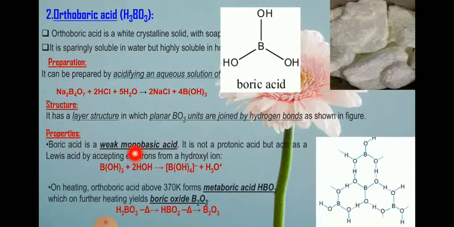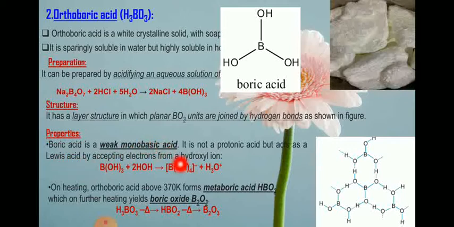This orthoboric acid is a weak acid. It's a weak monobasic acid. And it's not a protonic acid. It will not dissociate to give H plus upon ionization. It's not a protonic acid, but it acts like a Lewis acid.